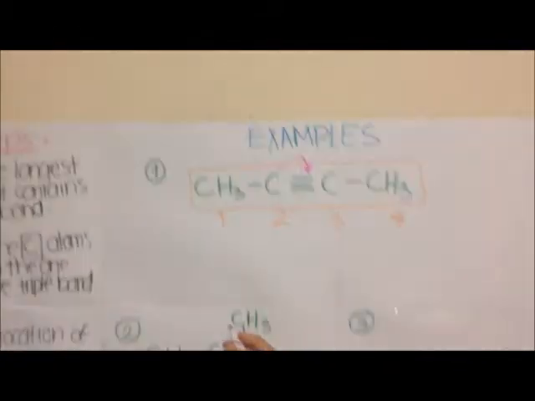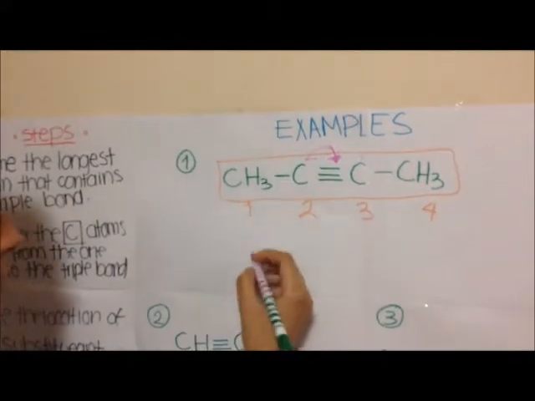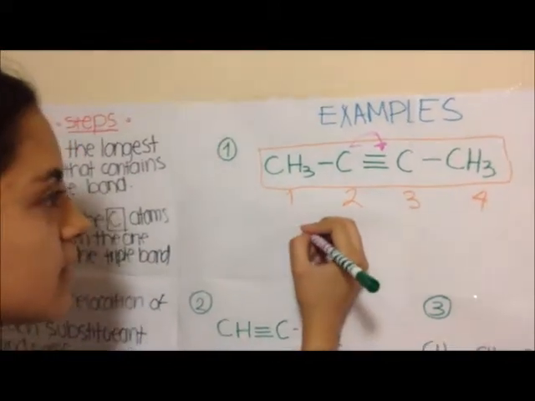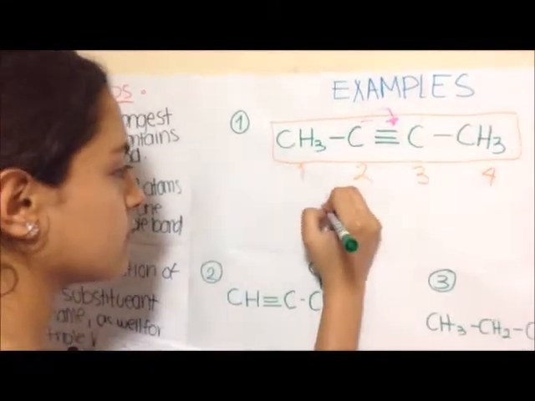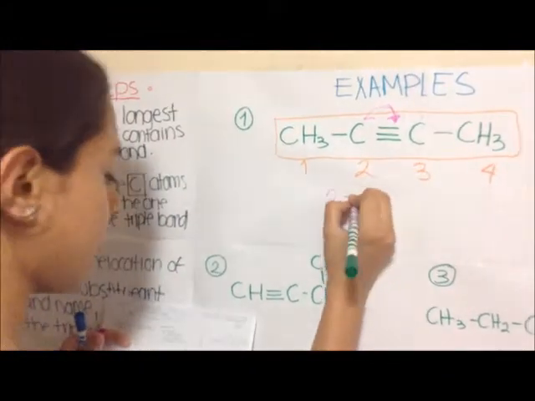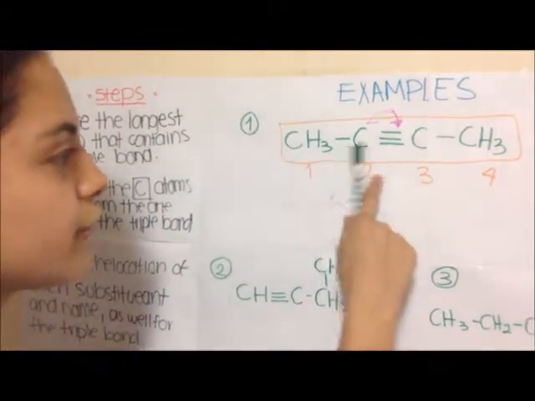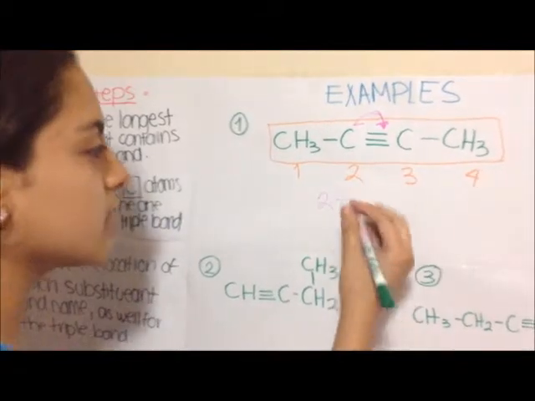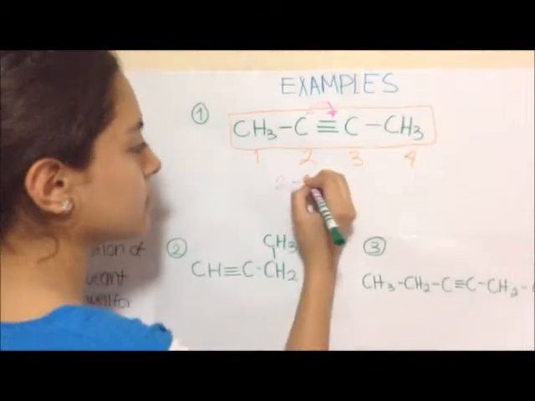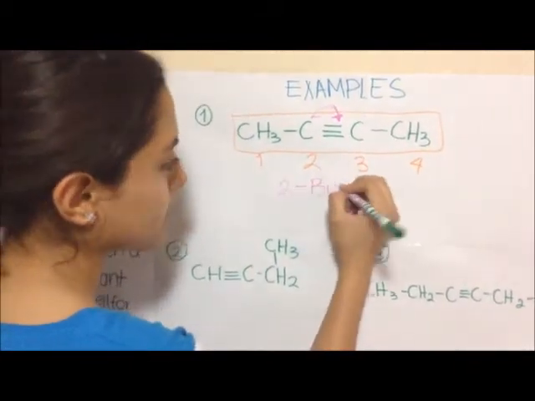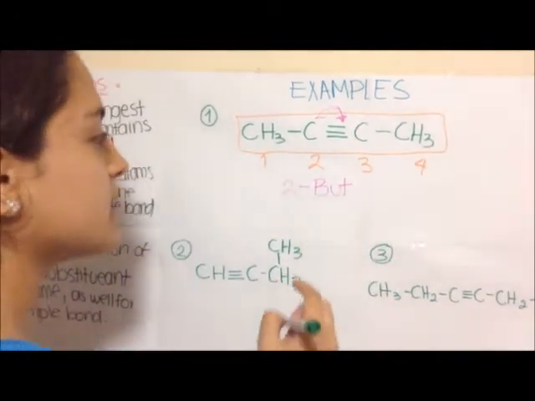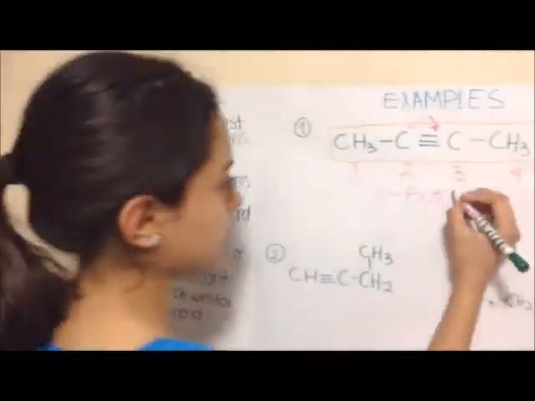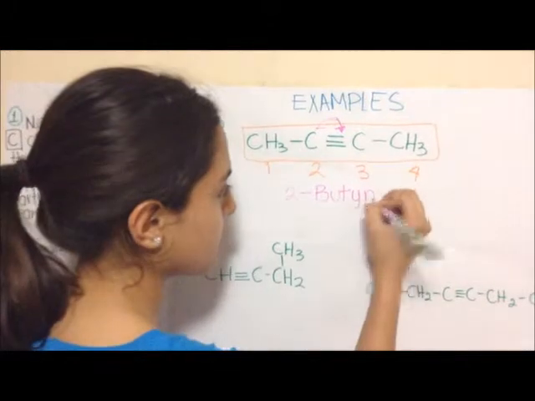And then we write the location, that is the number of the carbon atom where it is found, that is 2, and then a hyphen, and then since there are 4 carbon atoms, we put the prefix for 4, and the termination of alkyne, that is yne. So this is called 2-butyne.